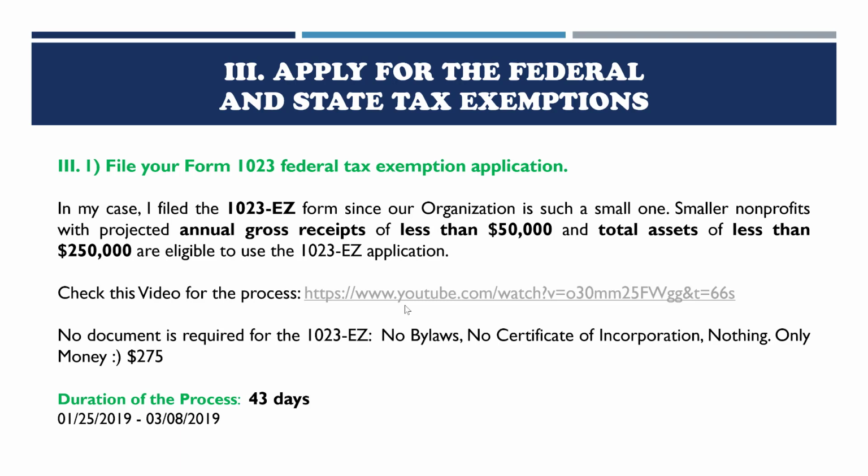And again, this process is really easy, especially for smaller organizations. Normally you should file your Form 1023 federal tax exemption. But in our case, we filed the 1023-EZ form since our organization is such a small one.